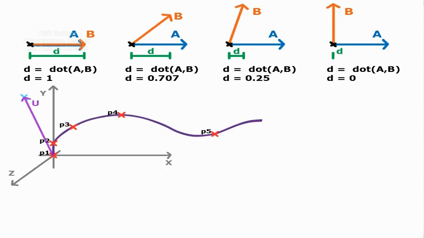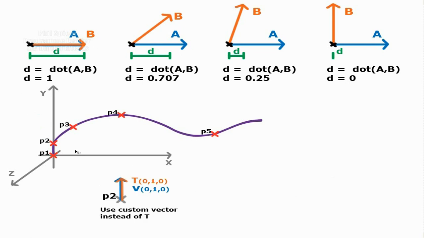Okay, so let's first look at this. There's the original trajectory. So what happens when, say, in position 2, the original case, position 2 overlaps? If I start to introduce a custom vector, I test it with my dot product. If my dot product in this case is equal to 1 or something close to 1, anything higher than 0.95, then instead of t we will be using a custom vector.